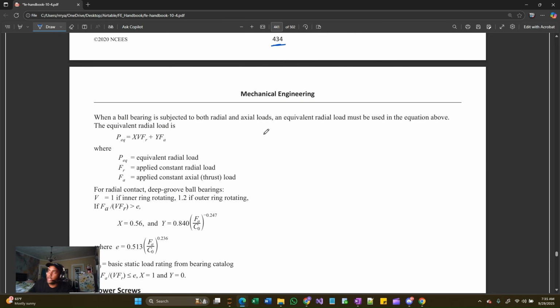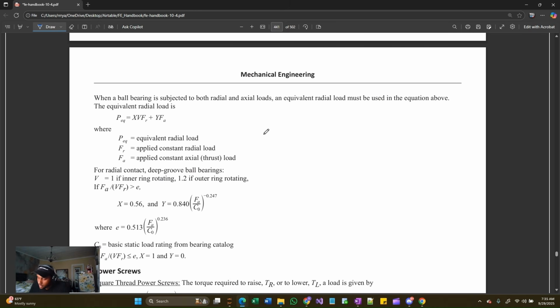Now, in order to get an equivalent radial load, we're going to need to do this stuff over here. We know that in our case the inner ring is rotating and the outer ring is fixed, so V is going to be equal to 1 here.